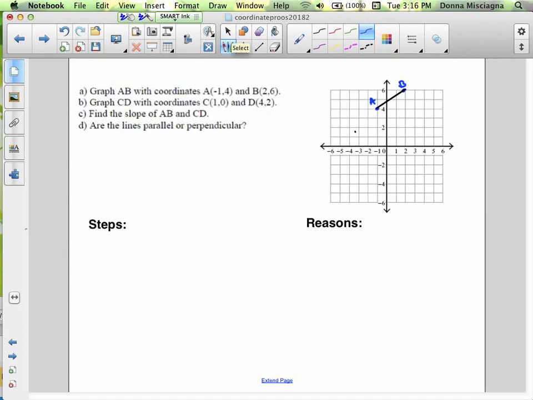Right, and then we need CD, so that was 1, 0, and 4, 2. And let's connect with the line tool. All right, so this is step 1. Oh, and I need to label that as CD. And I did label it in the correct order.